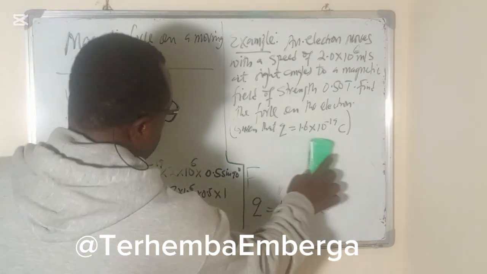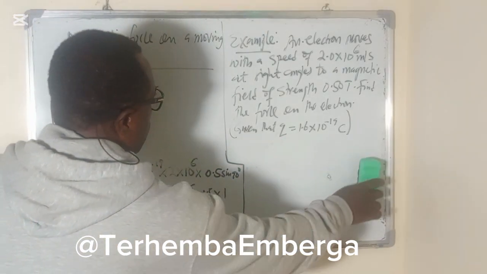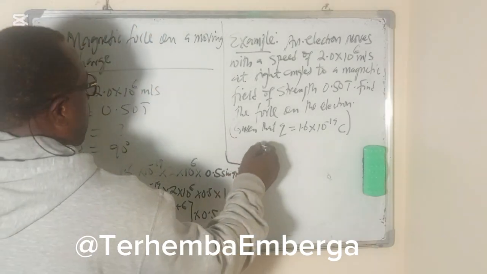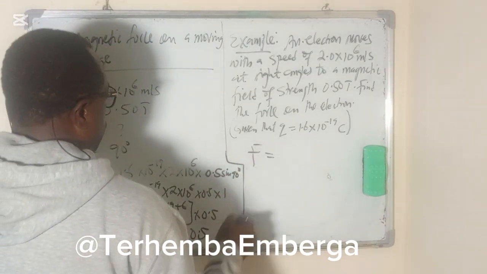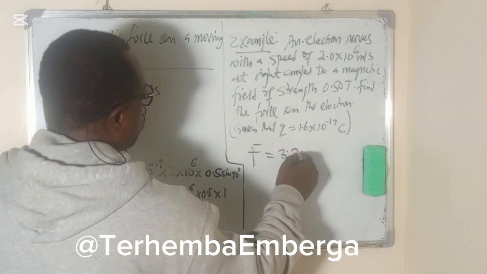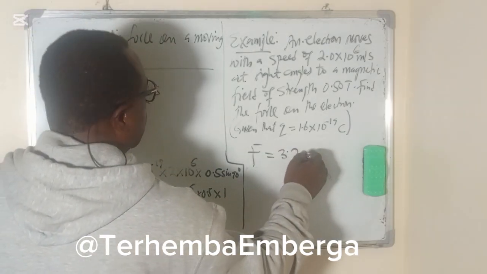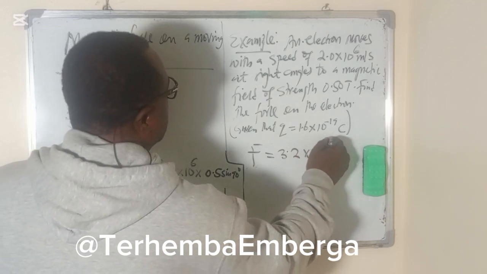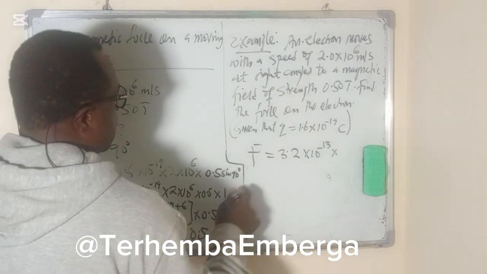So at this point, we can evaluate this even without using the calculator. And force will be equal to 3.2 times 10 raised to the power minus 13. This 0.5 is the same thing as half.